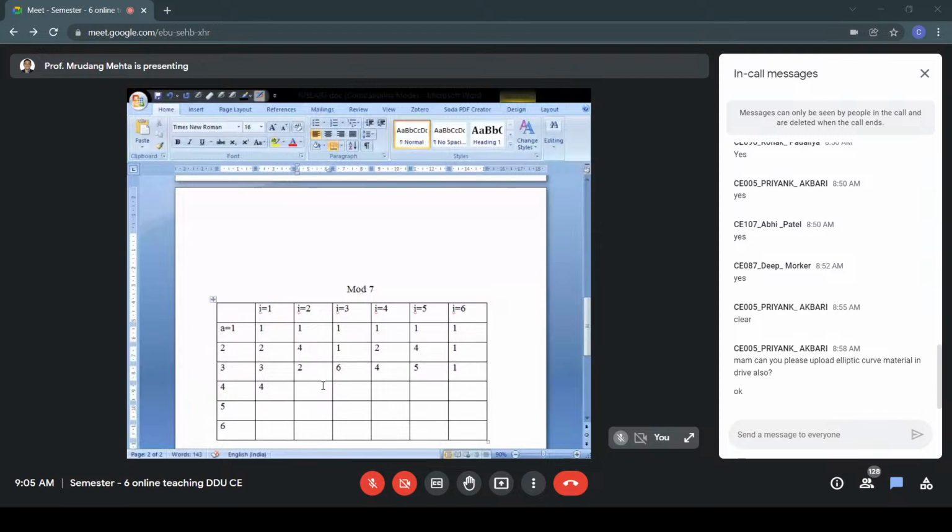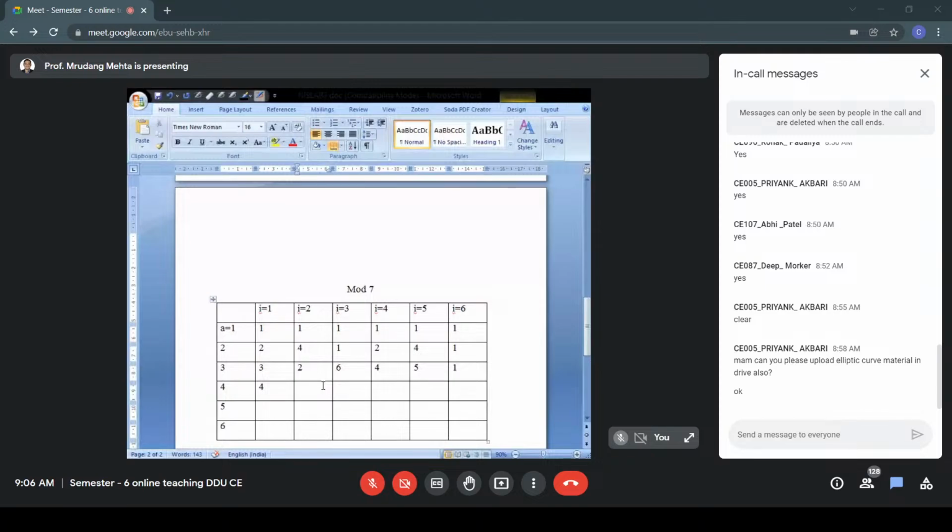So when you find 1 earlier, it means that you don't need to check the remaining elements, because this value A cannot be the generator or a primitive root.